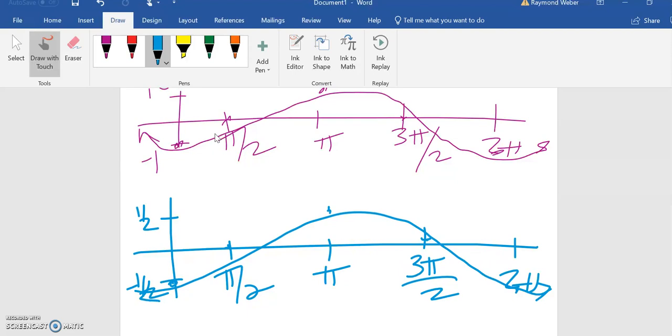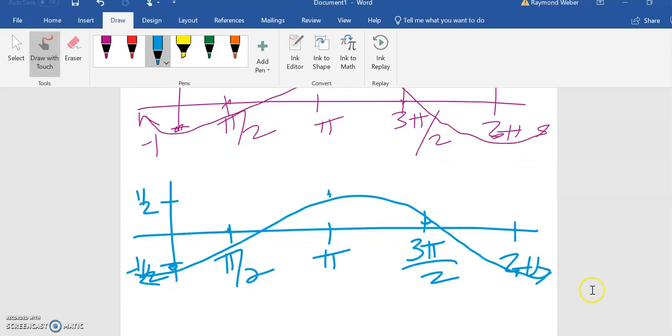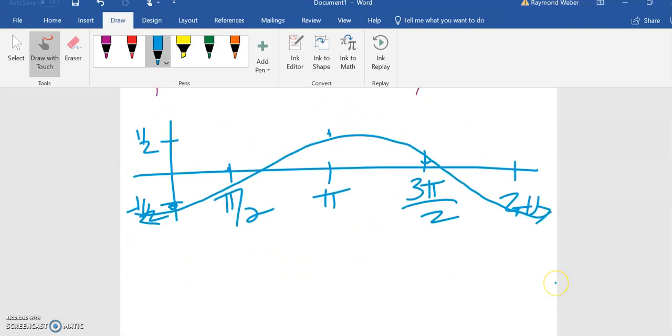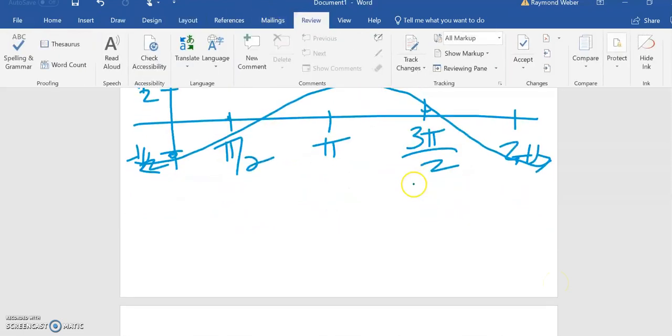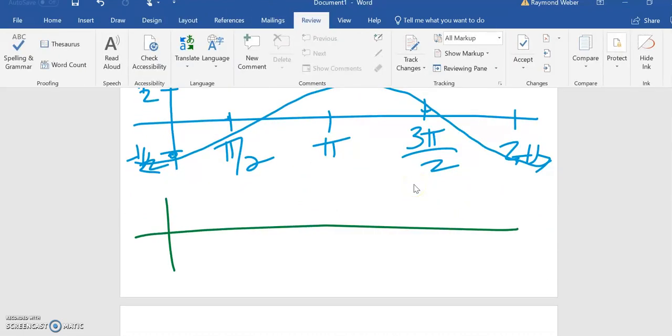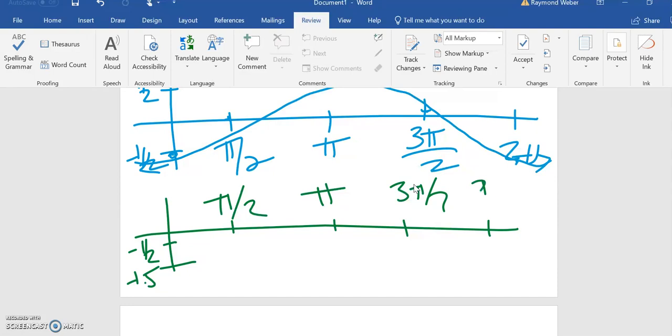Okay. Then my next step, since I just changed the y, I might as well do my vertical shift. So I'm going to move every point down 1. So now I'm going from -1/2 to -1/2, but I'm still at pi over 2, pi, 3 pi over 2, 2 pi.